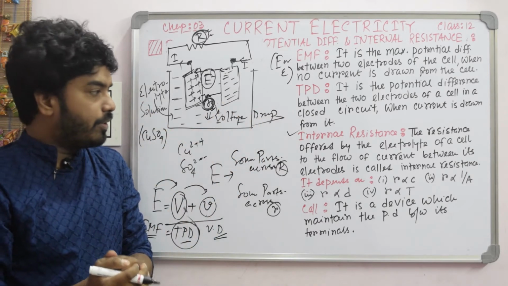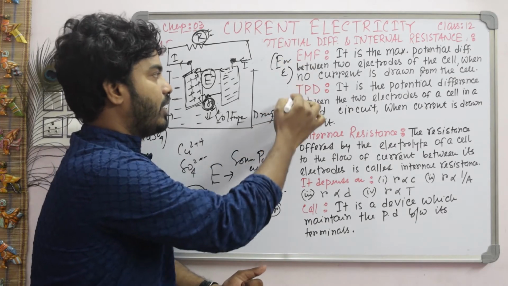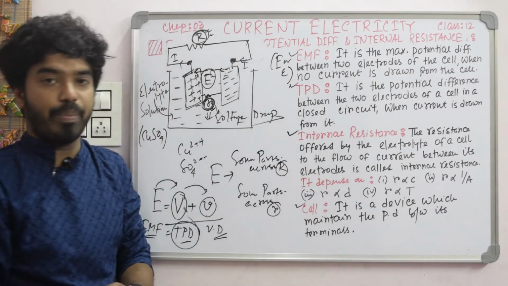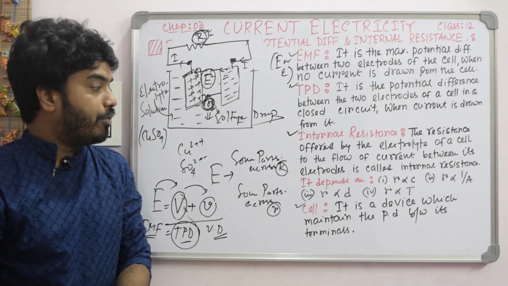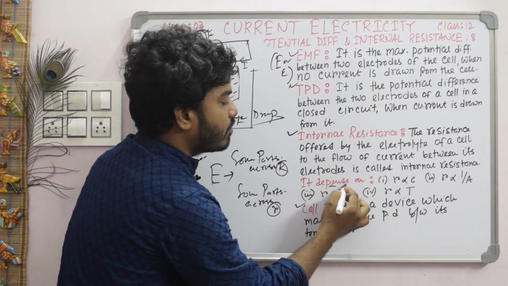Okay. So this is our basic part, and you see the definition of EMF, terminal potential difference, internal resistance and cell. Now the value of internal resistance depends on some factors.